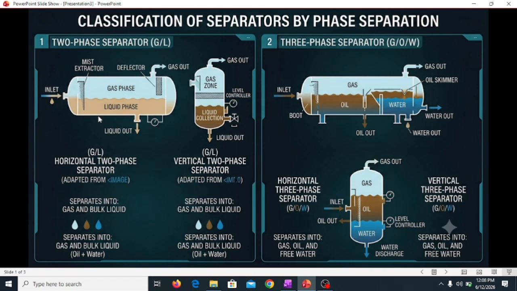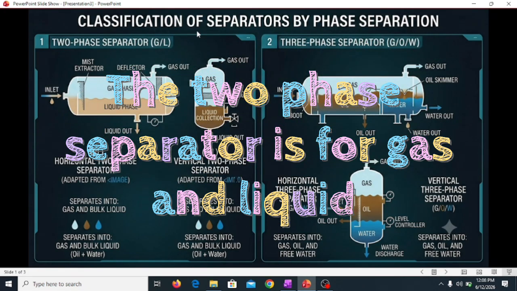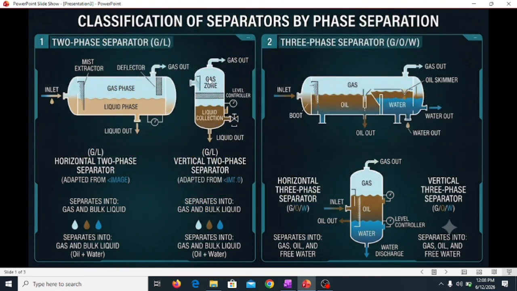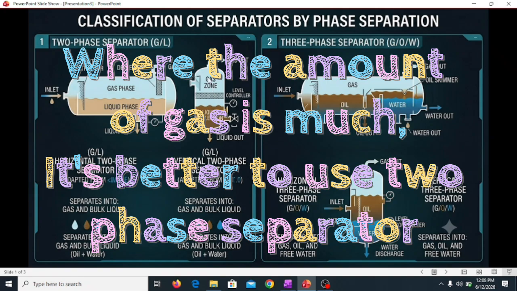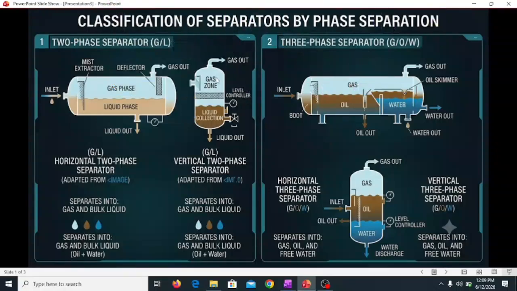Now, how do we know that a separator is a two-phase or a three-phase separator? First of all, a two-phase separator is for oil and gas. You should take note of that. Remember in my previous video I said that when we have too much gas in our crude oil, it is better to use a vertical separator, because the gas will be easily released from the crude oil.